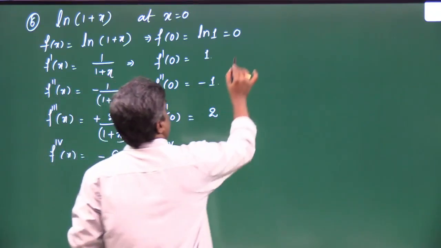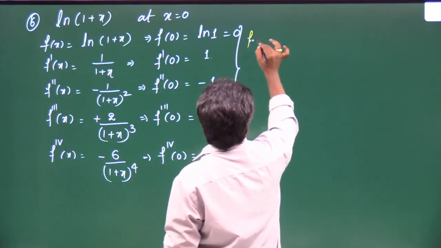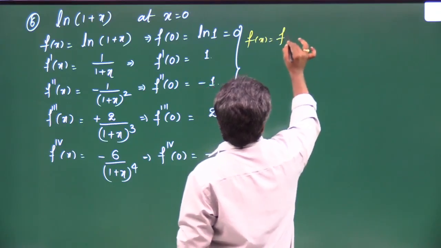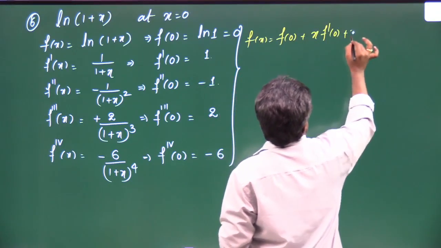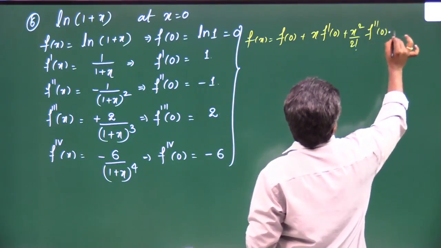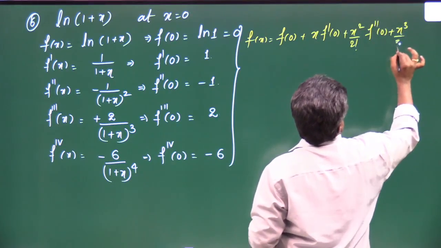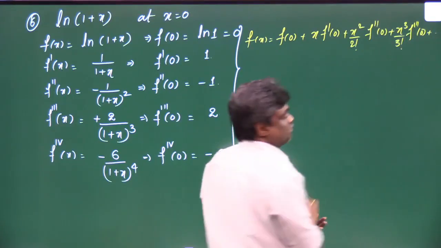Enough. So just write the formula. That is f of x is equal to f of 0 plus x first derivative plus x square by 2 factorial second derivative plus x cube by 3 factorial third derivative plus so on.